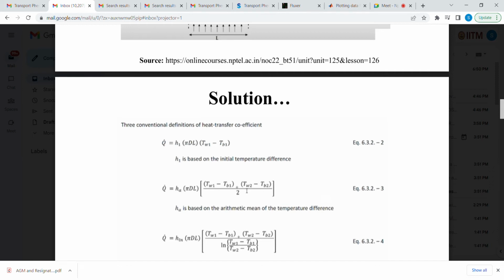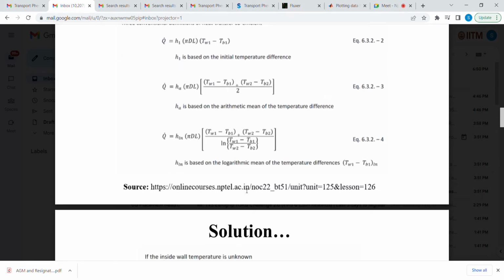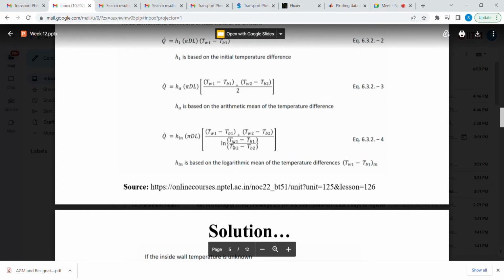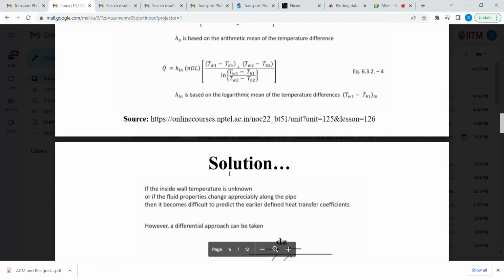That is h_a, based on the arithmetic mean of the temperature difference. And there is h_log, which can also be written in terms of the logarithmic mean of the temperature difference. For a more detailed understanding of these three equations, please look at the lecture.